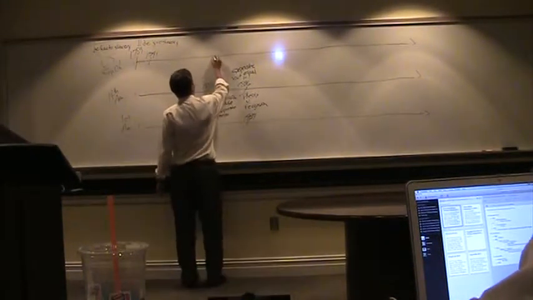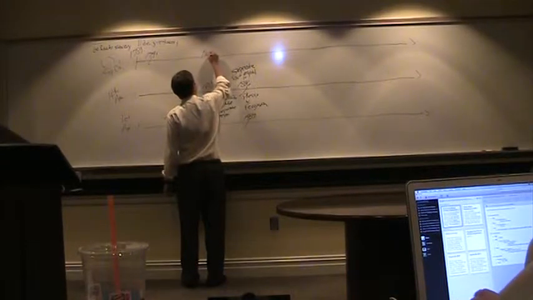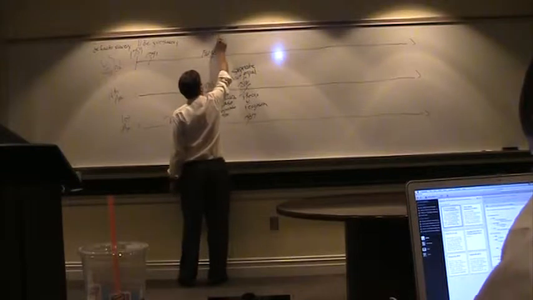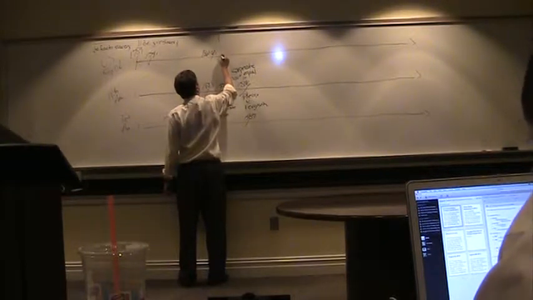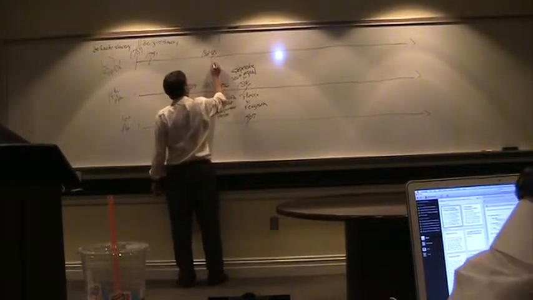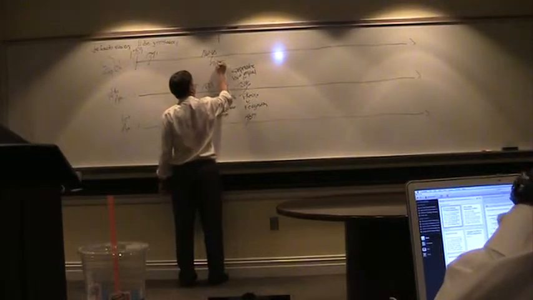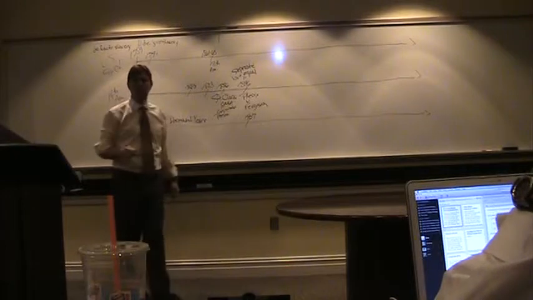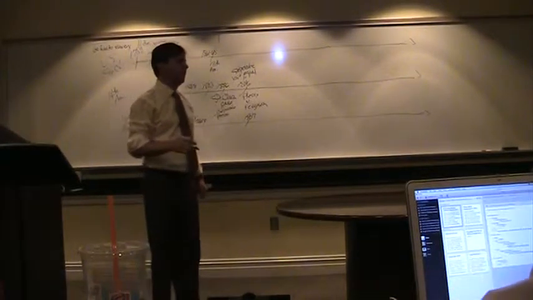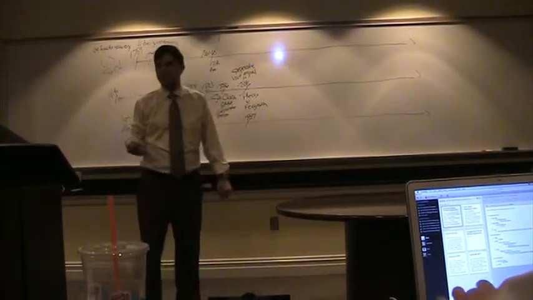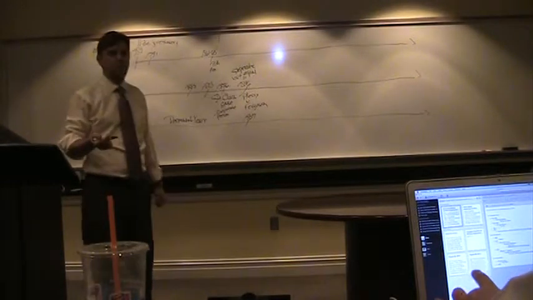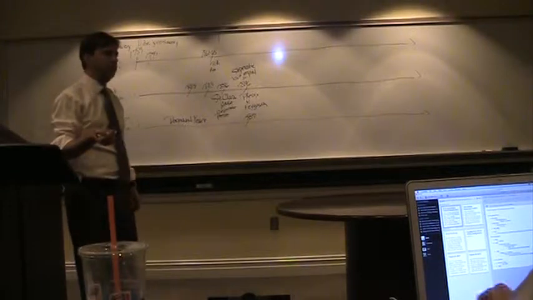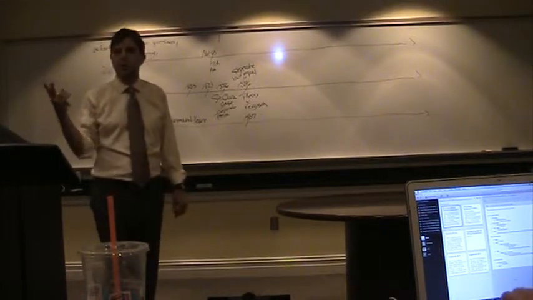And then we flash forward to the Civil War. At the end of the Civil War, what did the 13th Amendment do? Abolish slavery. What did the 15th Amendment do? Give African Americans the vote. And then the 14th Amendment gave us equal protection and due process.